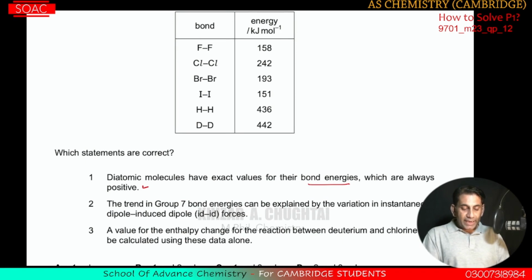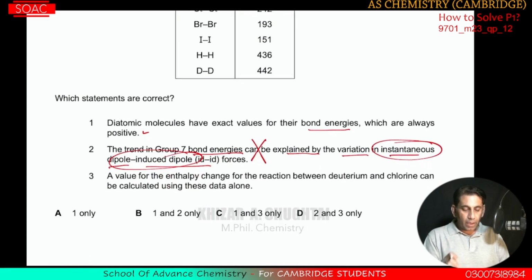The variation in group 7 bond energies can be explained by the variation in instantaneous dipole-induced dipole forces. No. These forces show the physical properties, physical forces between the molecules. And the bond energies are basically measured as the true chemical bond strength. I mean, these are the true chemical bond energies, so they have no relationship with these intermolecular forces, so 2 is incorrect.